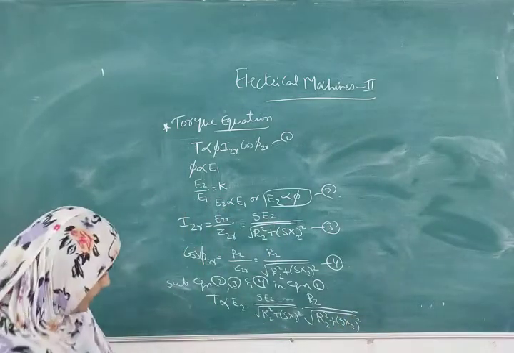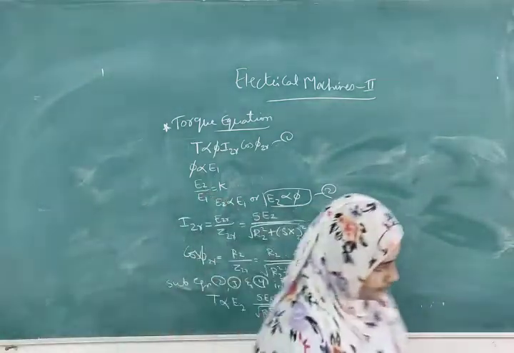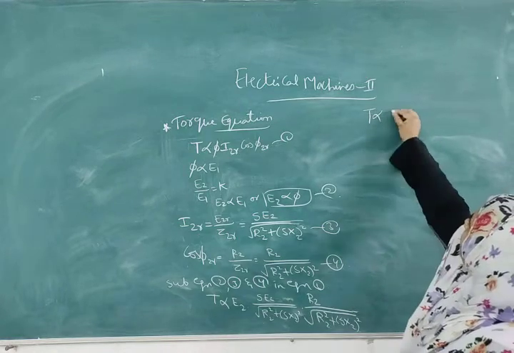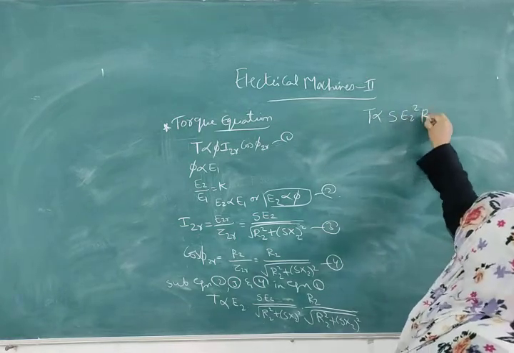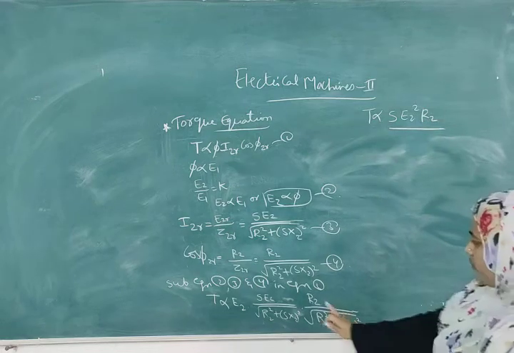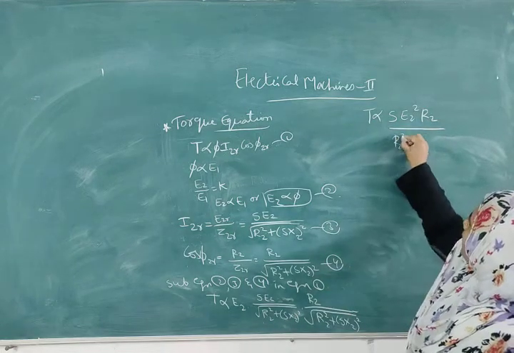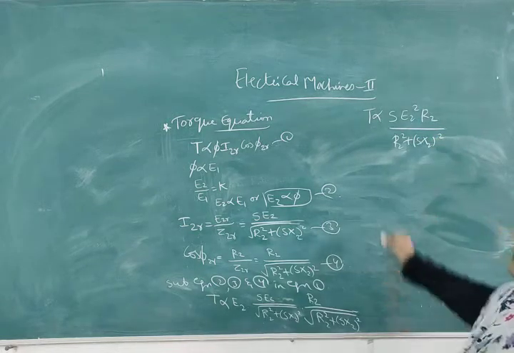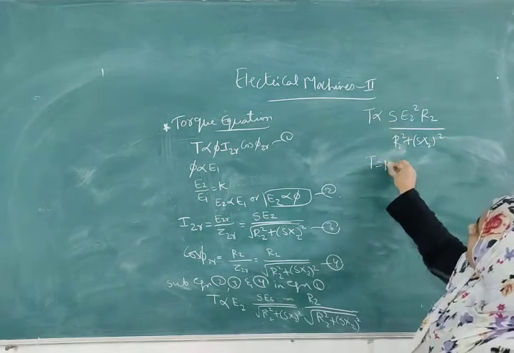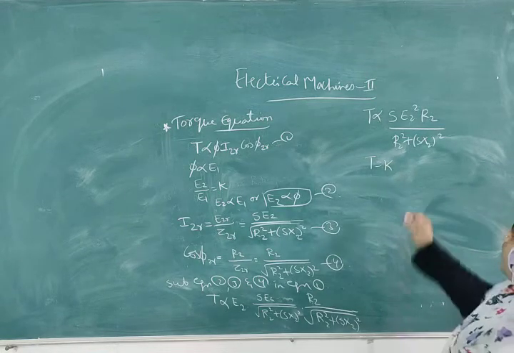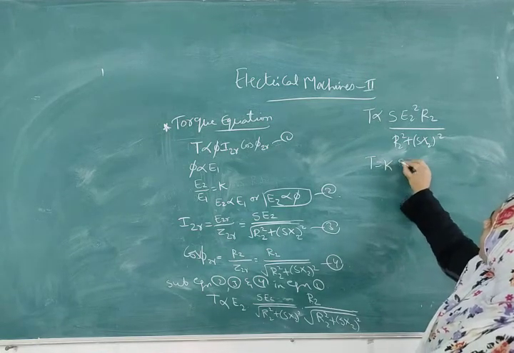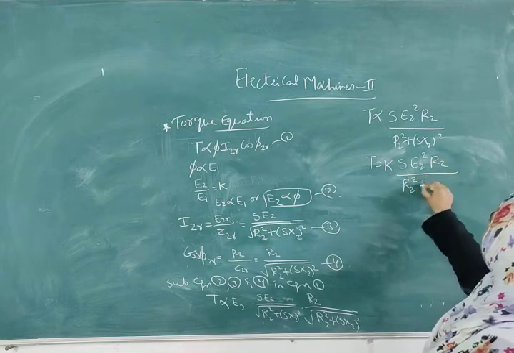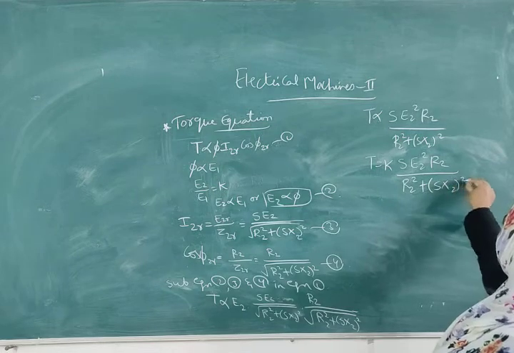Multiplying all these values, the roots get cancelled, and torque is proportional to SE2 square R2 divided by R2 square plus SX2 whole square. If I remove proportionality, I introduce the proportionality constant K: T is equal to K SE2 square R2 divided by R2 square plus SX2 whole square.